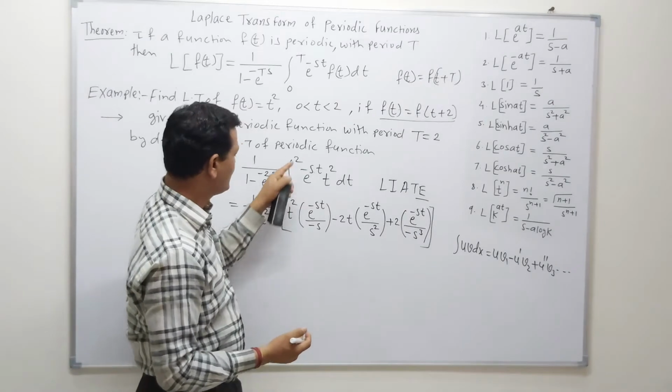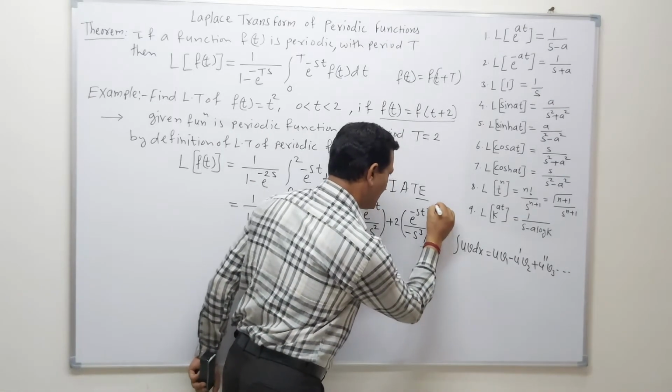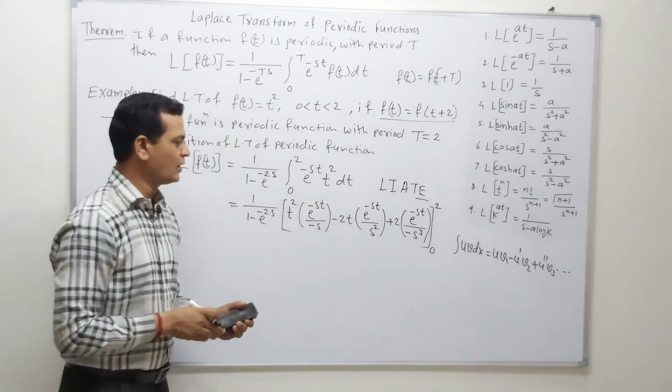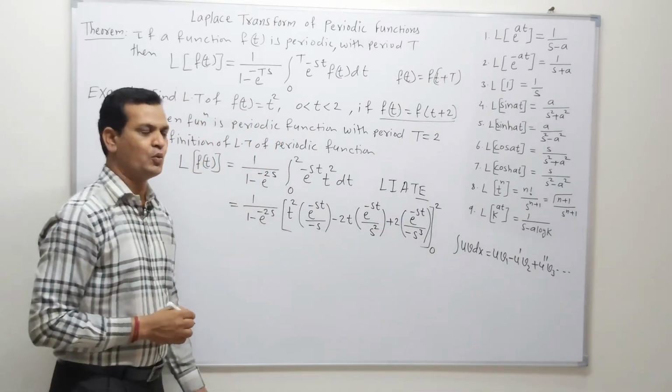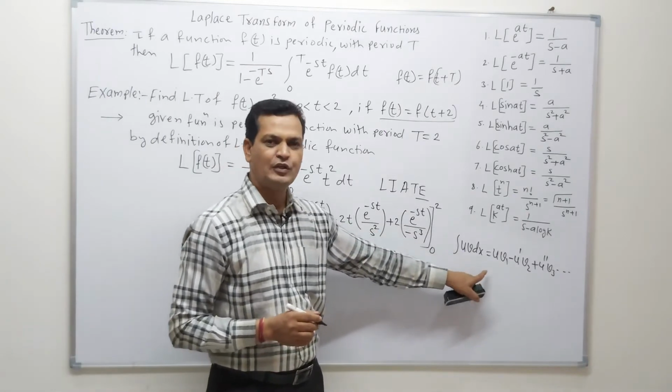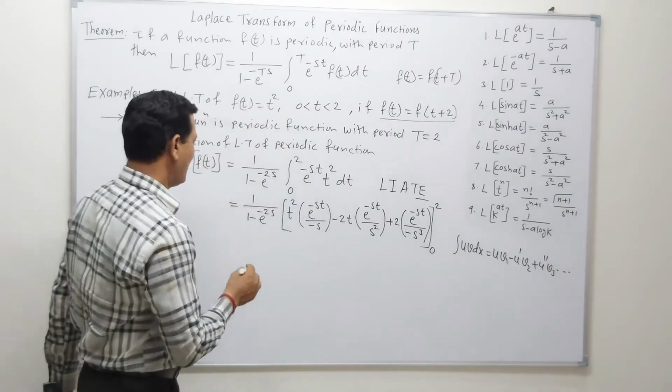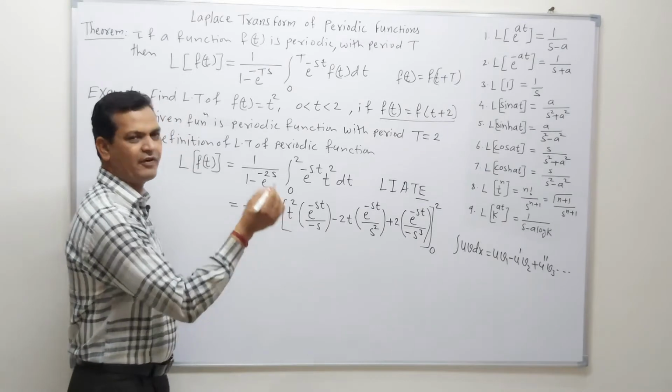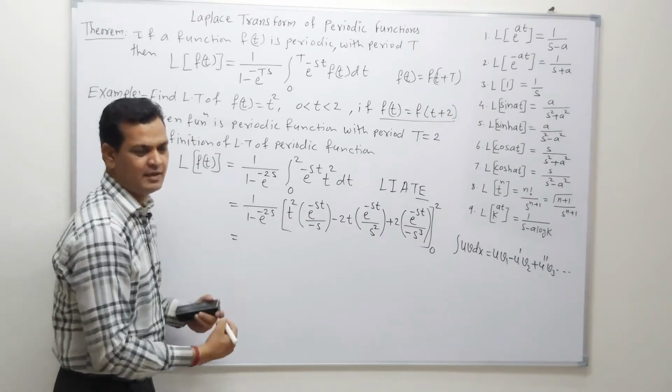Now the limit is 0 to 2, so we put the upper limit 2 and lower limit 0. In this way we find the integration of this term with the help of the general rule for integration by parts. Now put the value of the upper limit and simplify.